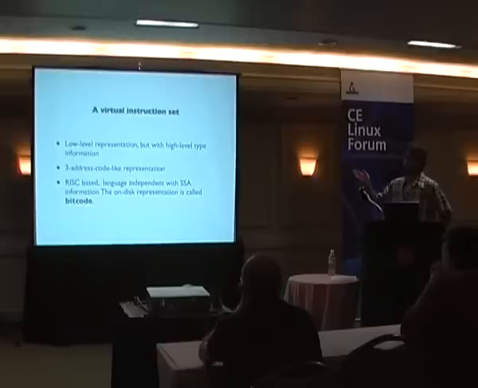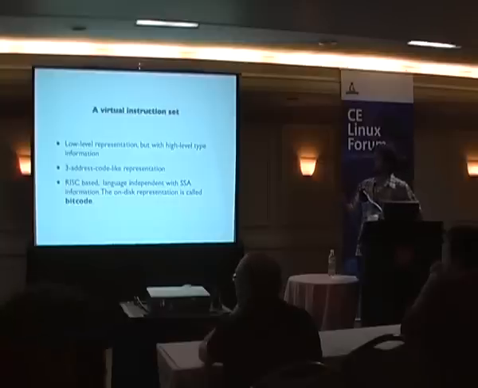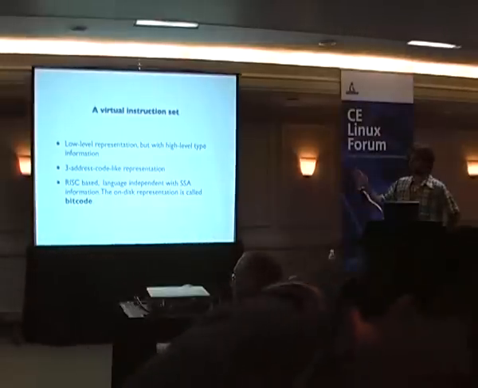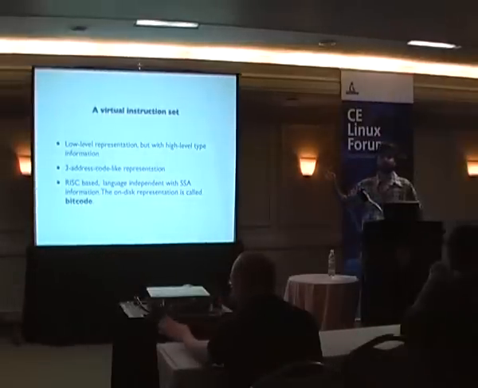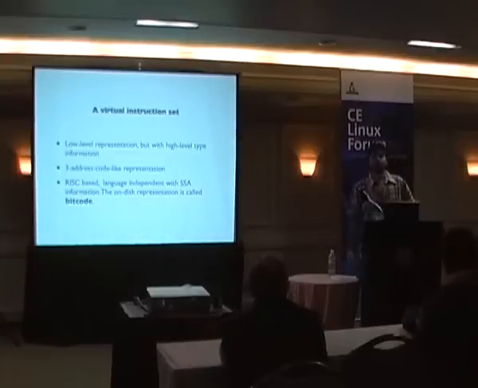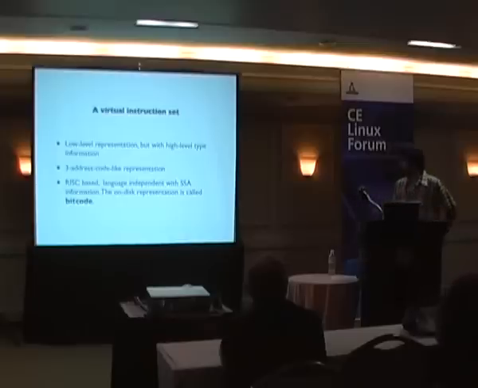every IR in compilers with a low-level representation can get a compact representation, and we can also apply a lot of optimizations. And with high-level type information, we are able to do link time optimizations and stuff like that.